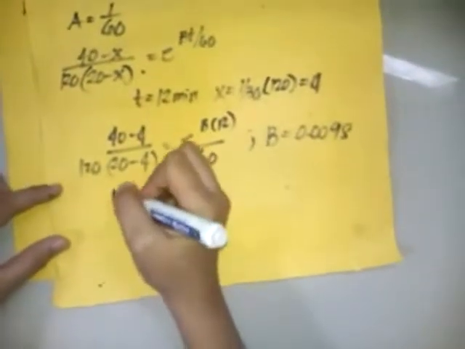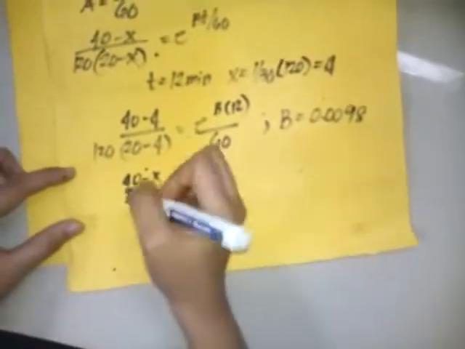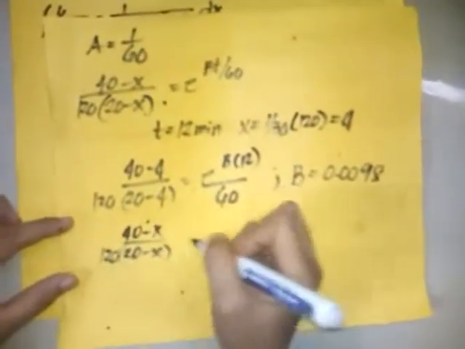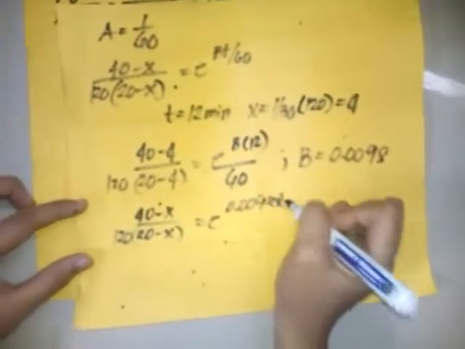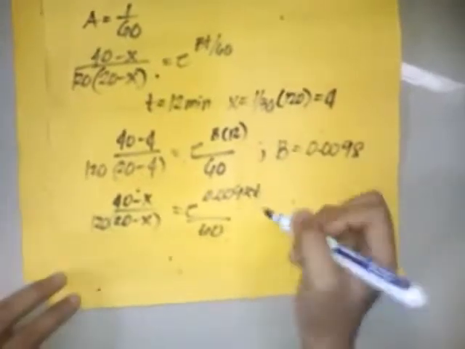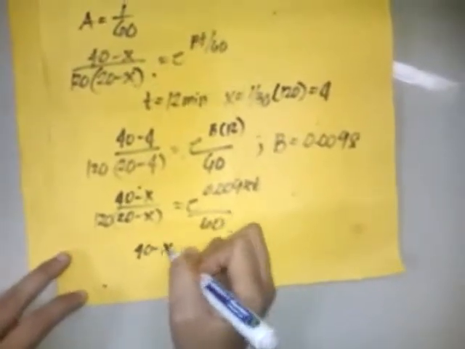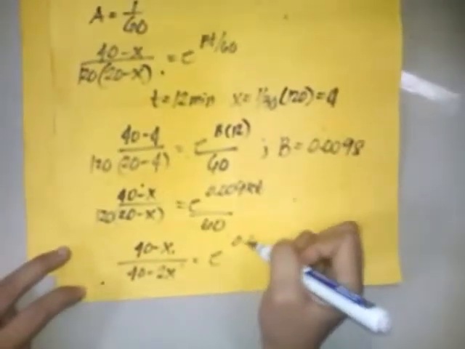Thus, (40 minus x) over (20 minus x) times 120 equals e to the power of 0.0098t over 60. Simplifying gives (40 minus x) over (40 minus 2x) equals e to the power of 0.0098t.